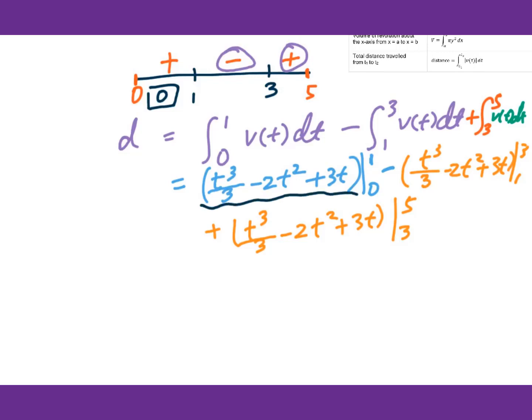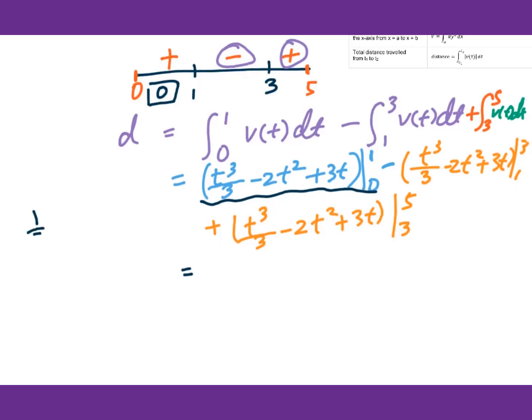For the first one, I plug in 1. You will get 1 over 3 minus 2 plus 3. So you get 4 over 3. Minus 0, because you plug in 0, it will be 0. Then we're working on this. We plug in 3.